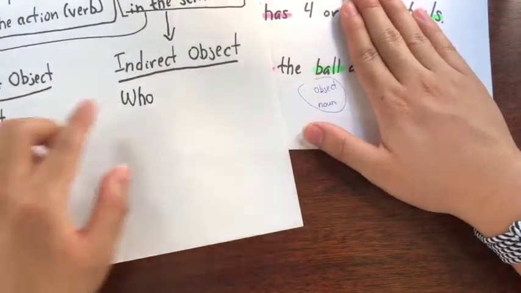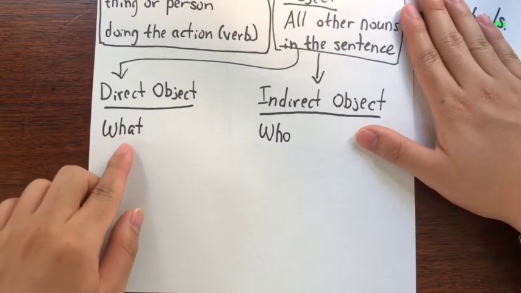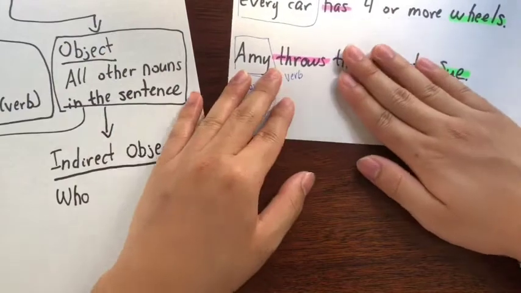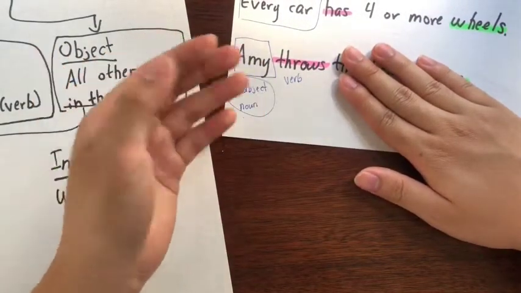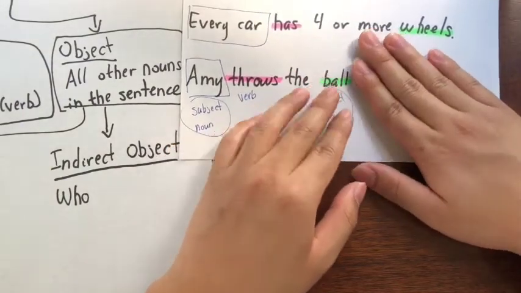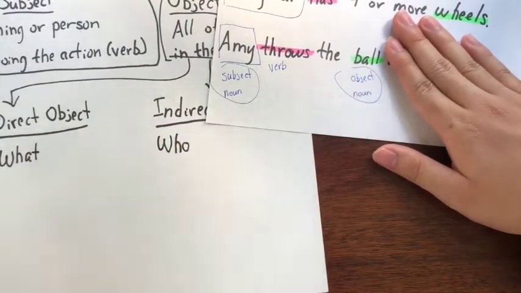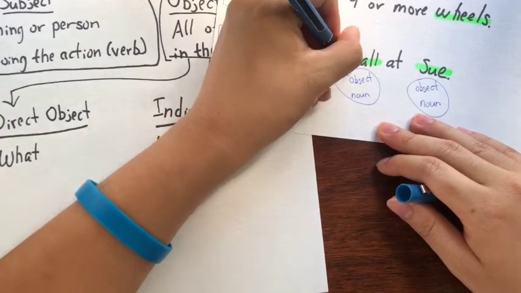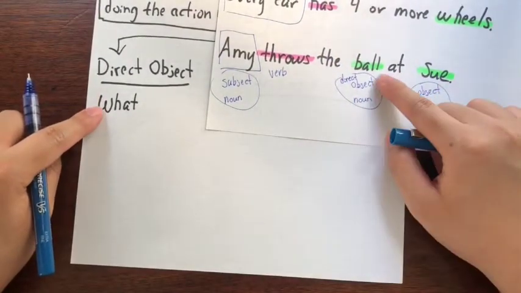So the ball is a direct object because it is the what? With just the words Amy throws, we don't know anything. We don't know what she is throwing. She's throwing the ball. Amy throws the ball. So the direct object is the ball.